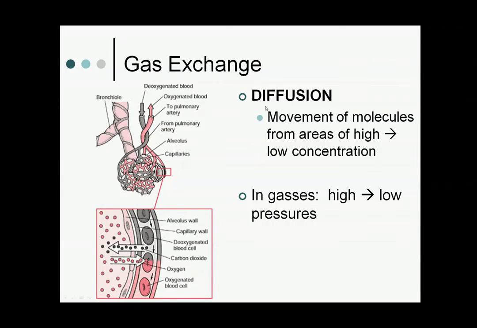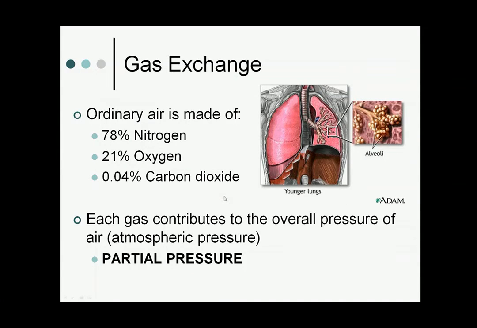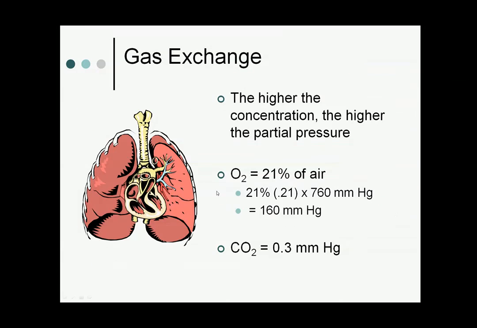But again, diffusion, and basically the cause for gases to move is because of the difference in pressure: gas pressure, atmospheric pressure, partial pressure, which is mentioned a lot in these animations. Partial pressure is basically the way of describing the overall pressure of air, most importantly oxygen and carbon dioxide that's in the lungs and capillaries.